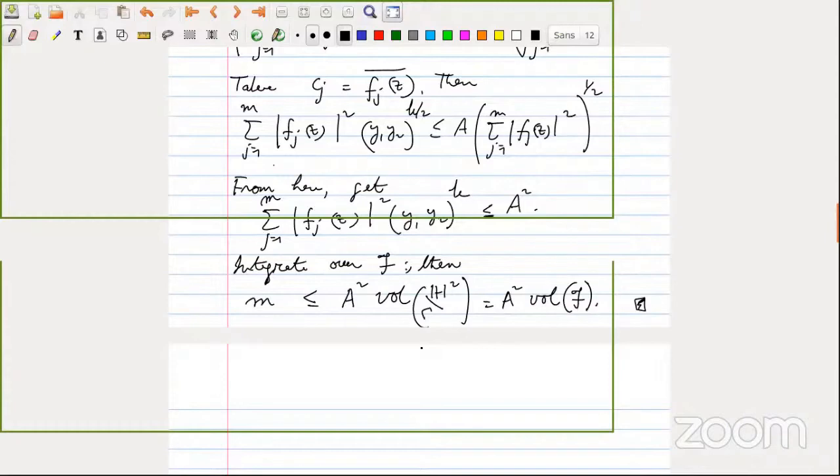The set of orthonormal vectors with respect to the Petersson inner product is going to be bounded above.